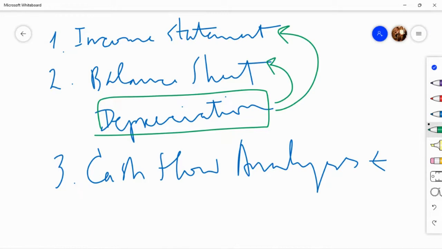Depreciation is a very important line item. Remember, in the income statement it appears in the operating expenses, right?